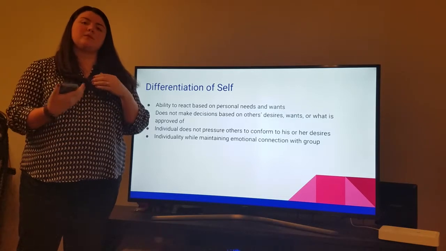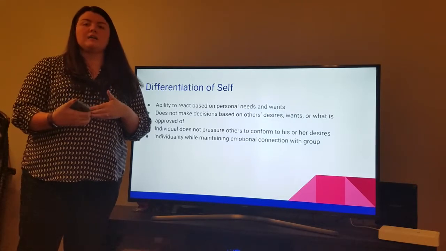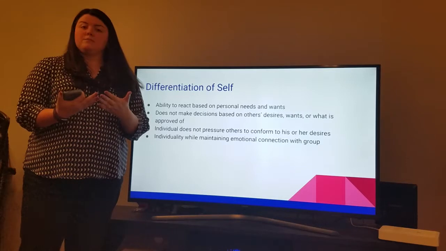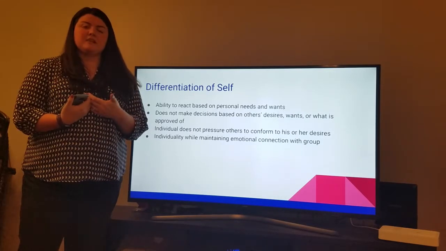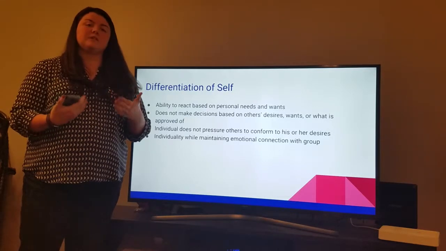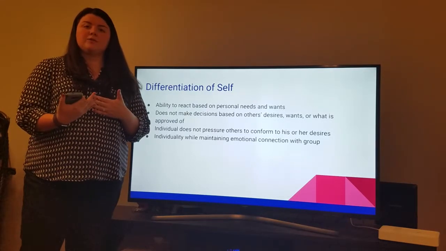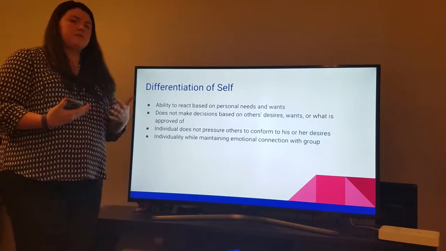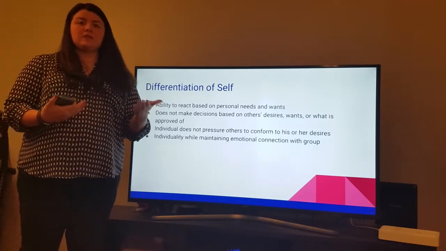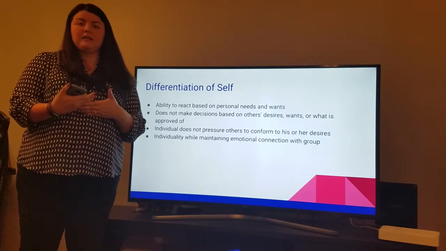If we respond based on what we need and what we want, in that particular tension or anxiety, then we have a very high differentiation of self. But if we're responding based on what someone else would perceive as our choice, then that's a very low differentiation of self.